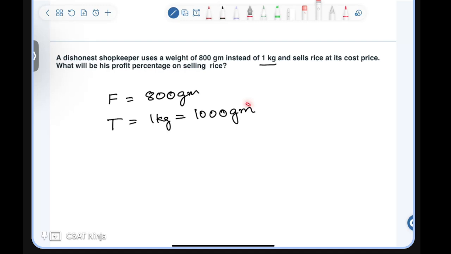Instead of using 1000 gram, the shopkeeper is using 800 gram. So what is the error here? It was supposed to be 1000, but the shopkeeper is using 800, which means there is an error of 200 gram.